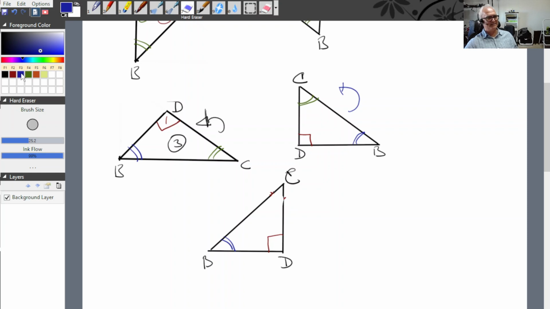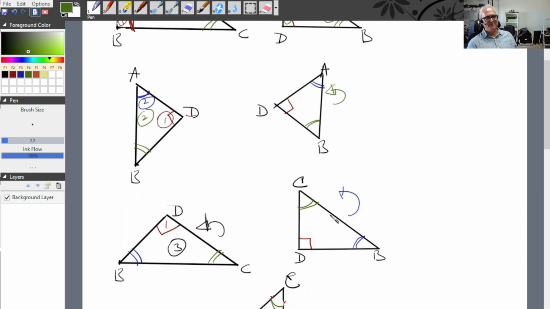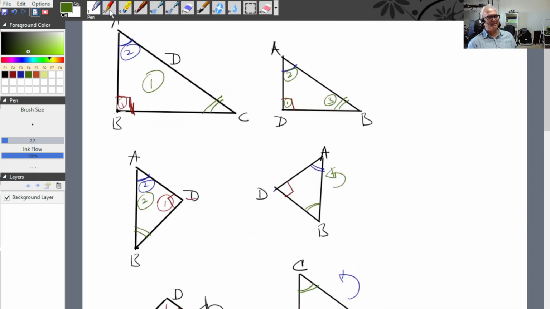I want it color green here. Okay. So I will rotate and flip one more time, and I'll draw the third triangle here. So D remains here, B here, and C here.